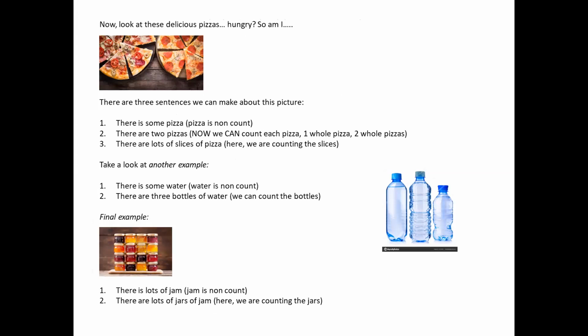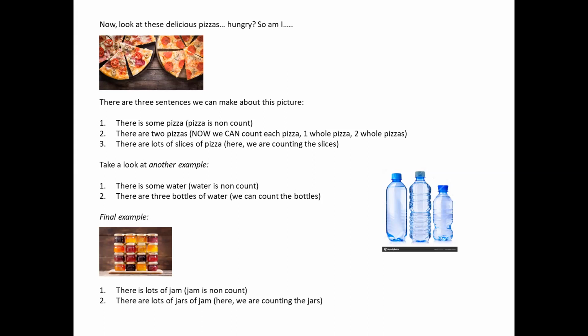Now, there are 3 sentences we can make about this picture. Number 1, there is some pizza. Pizza is non-count. Number 2, there are 2 pizzas. And now we can count each pizza. There's one big pizza and another big pizza.